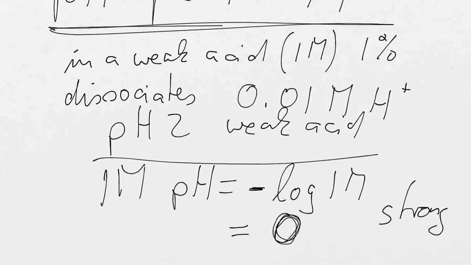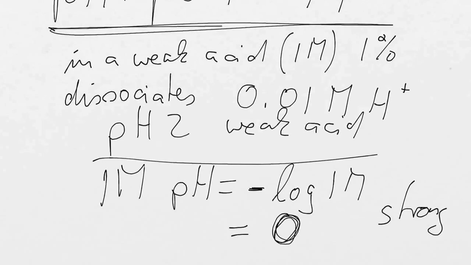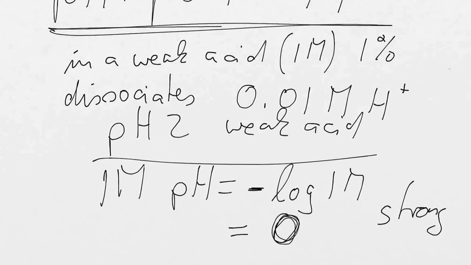How many times weaker is the weak acid compared to the strong acid? What's the factor? 100. 100 times weaker, yeah? Because 1 pH unit is factor 10. 2 pH units are factor 100. So this weak acid has 100 times fewer protons than the strong acid. Does that make sense?